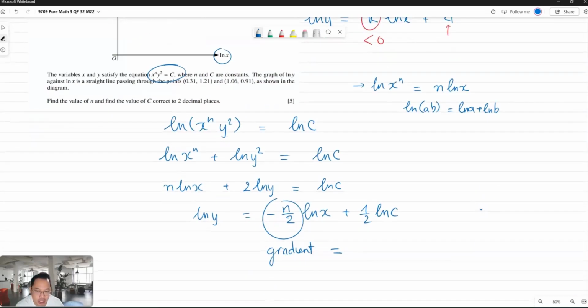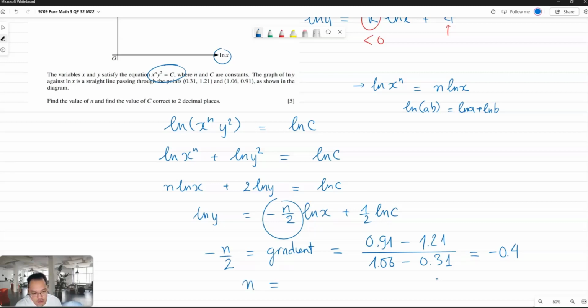The gradient is the rise over the run, which is 0.91 minus the other y value, 1.21, divided by the change in x, which is 1.06 minus 0.31, and of course this gradient will be a negative value. The gradient is minus 0.4, and that is equal to minus n over 2. So n is 2 times 0.4, meaning 0.8. So now we have found the value of n.